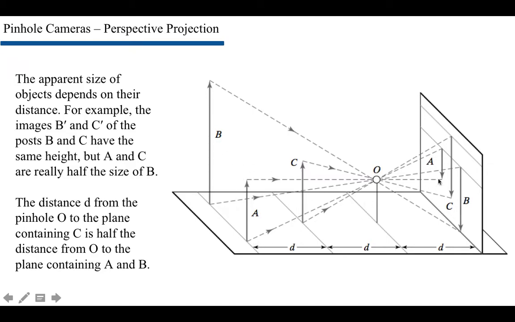So let's talk about it. If we have a plane where we're projecting the images, this is the pinhole, and this is the plane where the images are being projected.